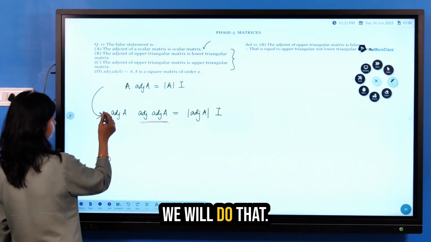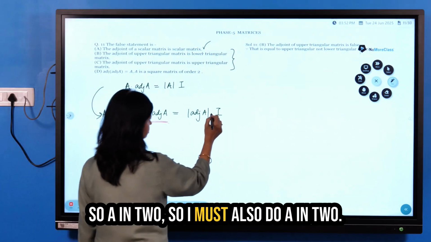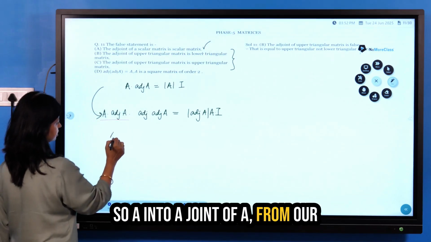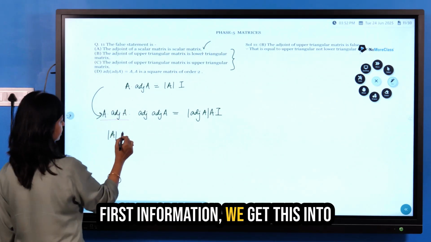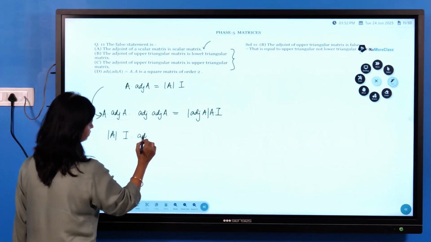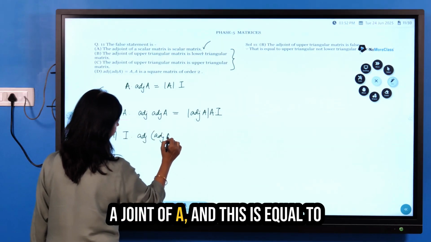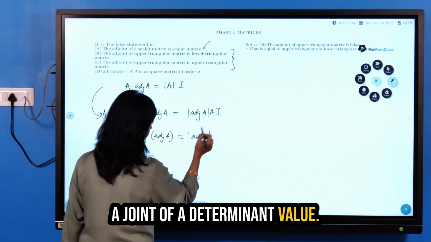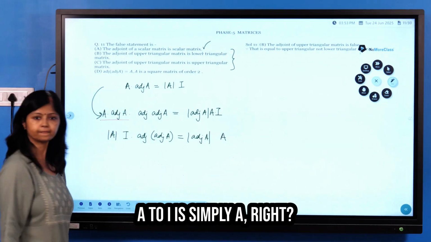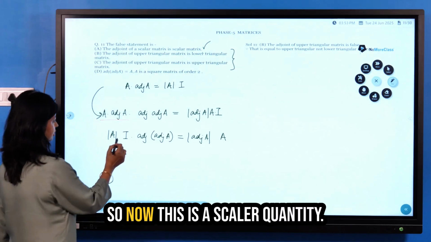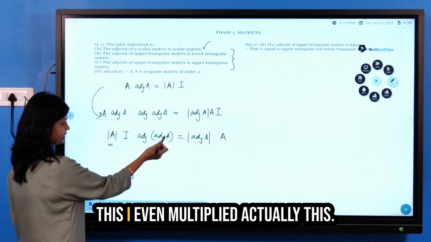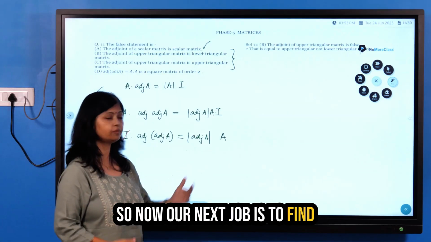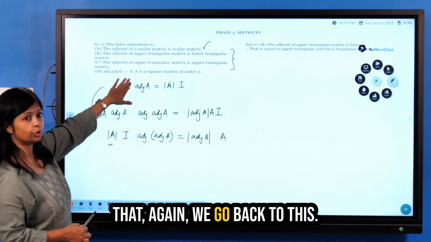So A into adjoint of A, from our first information, we get determinant of A into I. So now this is a scalar quantity, no problem. Now our next job is to find the value of the determinant of adjoint of A.